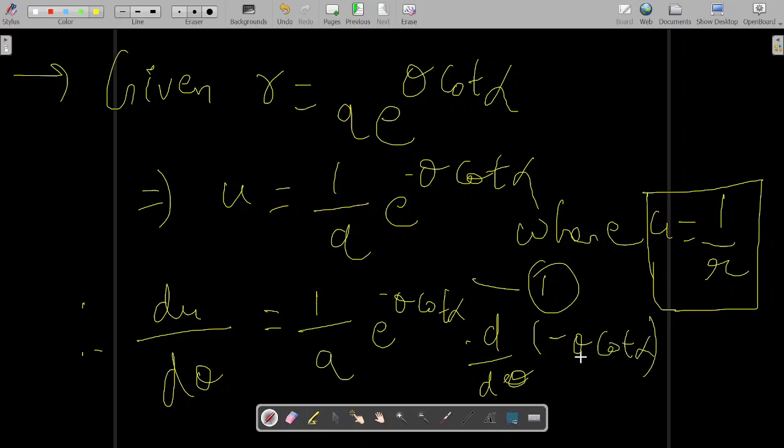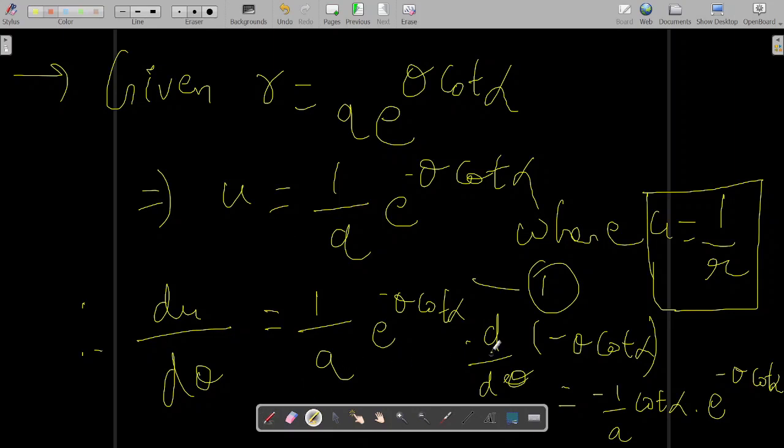So this will in turn become minus 1 by A cot alpha e to the power minus theta cot alpha. So du by d theta is equal to minus u cot alpha. How minus u cot alpha? Because you have already found out the value of u.